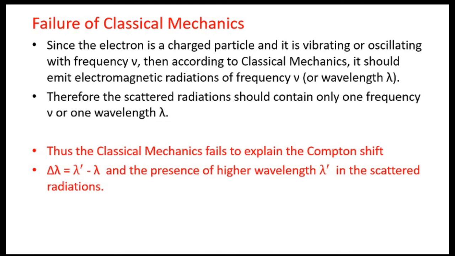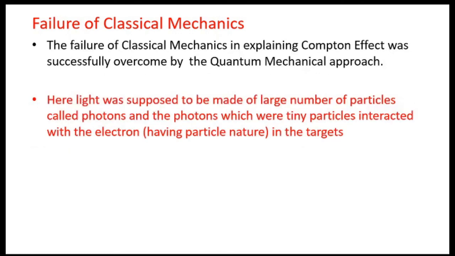Now, this failure of classical mechanics was overcome by quantum mechanics. In classical mechanics, the incident X-ray was supposed to have an electric field vector, meaning it took into consideration the wave nature of light. But quantum mechanically, light is supposed to be made up of a large number of particles called photons.